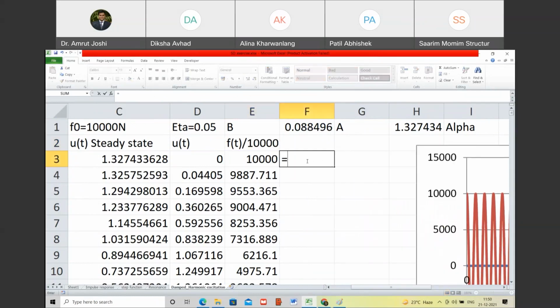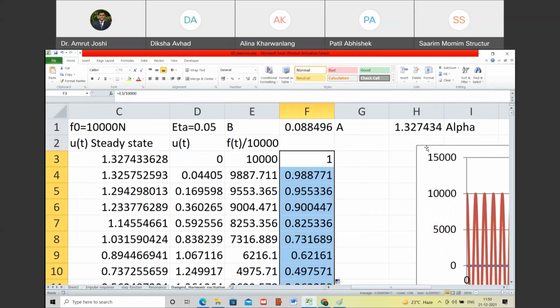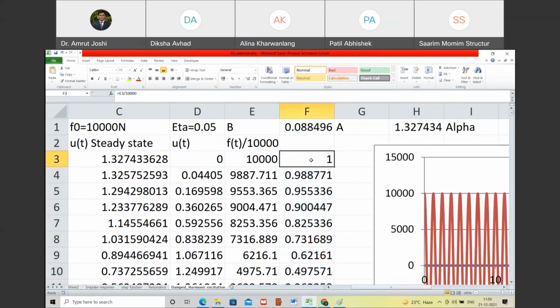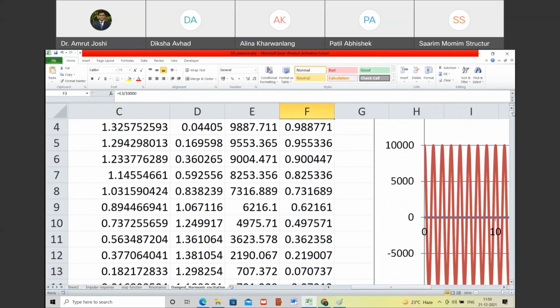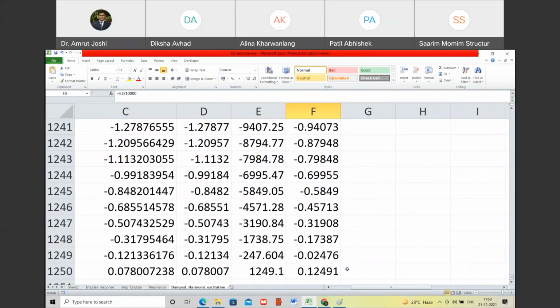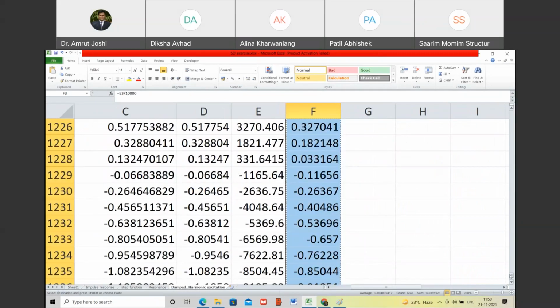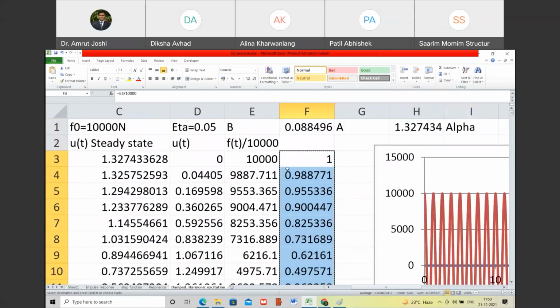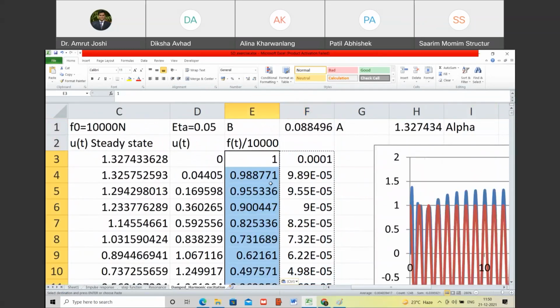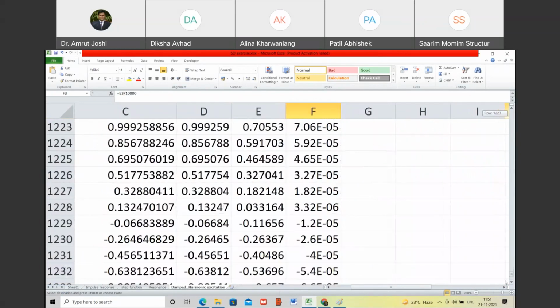So this divided by 10,000, and then copy this value, paste only values, and I don't require this column anymore.